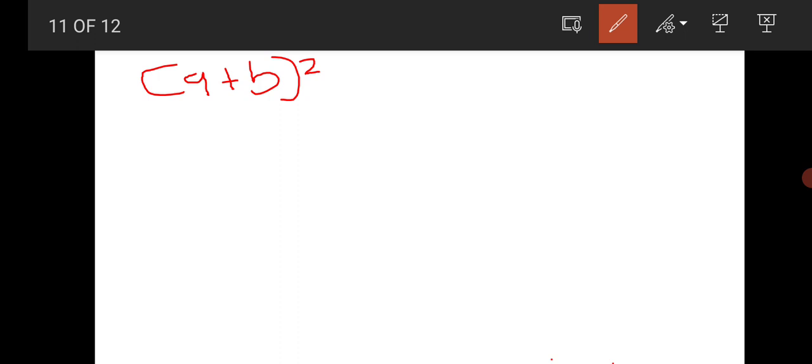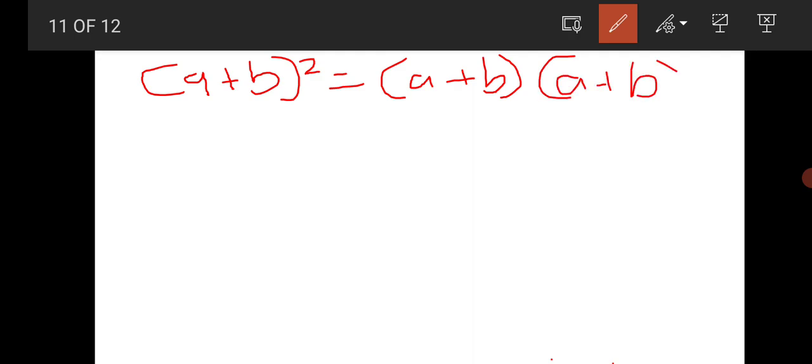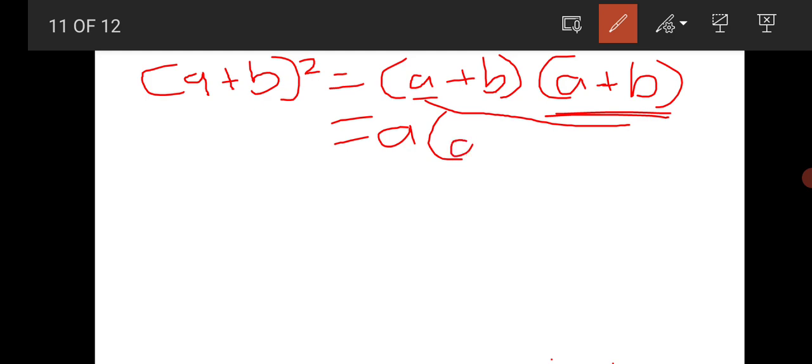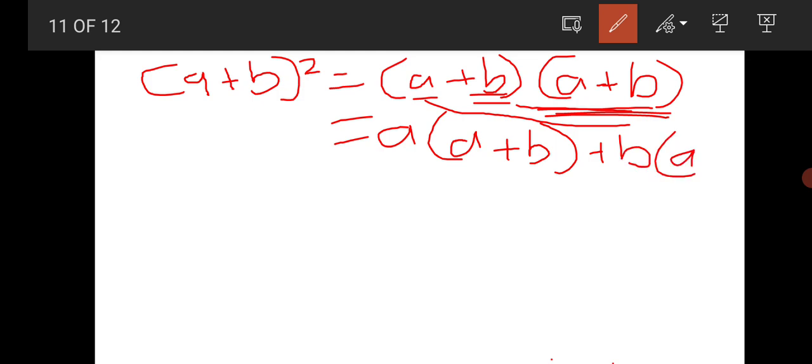We can write it as (a plus b) multiplied by (a plus b), and it can be expanded like this. The a will be multiplied by a plus b, and this plus b will also be multiplied by a plus b.